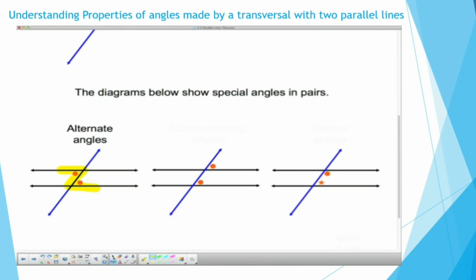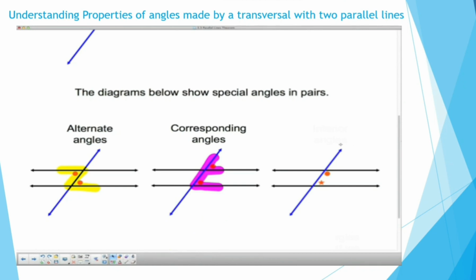The next one are called corresponding angles, and corresponding angles also form a pattern. They're known as the F pattern. Now that F is kind of upside down, but it's still, you can see that those two little dots in there form the F pattern.